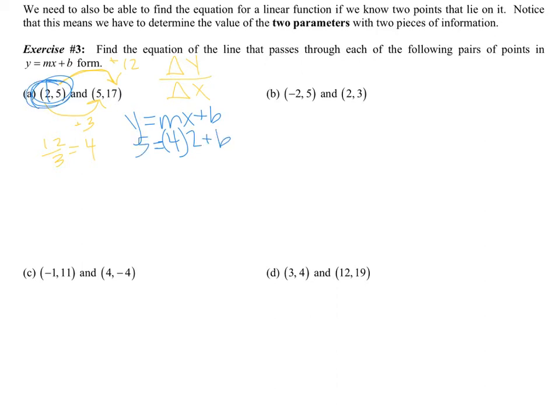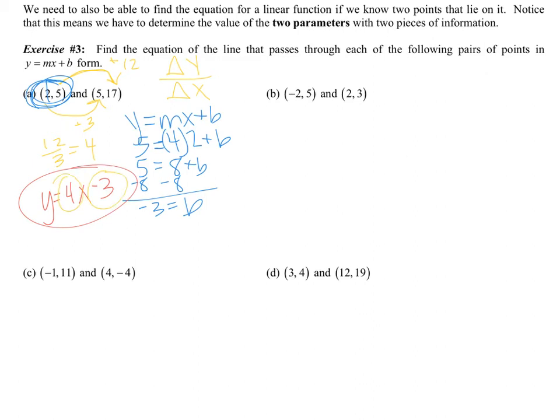So we used this coordinate point and plugged it in for the x and y. 5 equals 8 plus b. Subtract 8. -3 equals b. So our equation is y equals 4x minus 3. We have our m, we have our b.